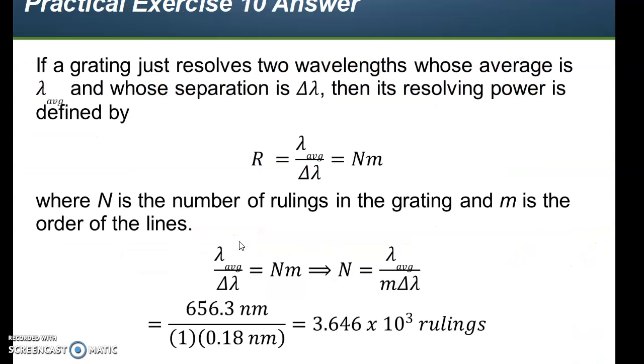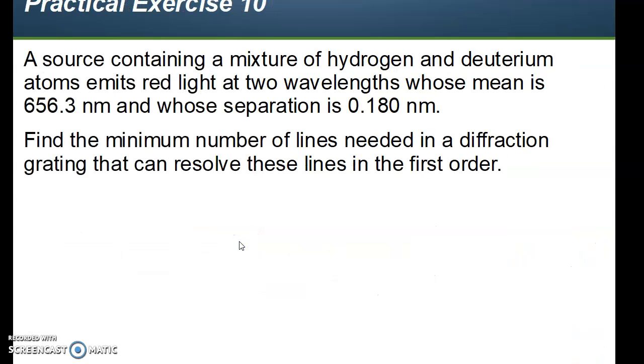So practical exercise number 10, problem number 55. Here you have deuterium and hydrogen emitting red wavelengths at two wavelengths, and this is your mean value, your lambda average.